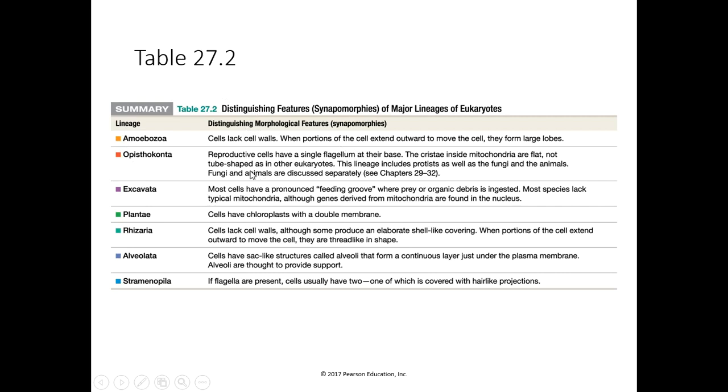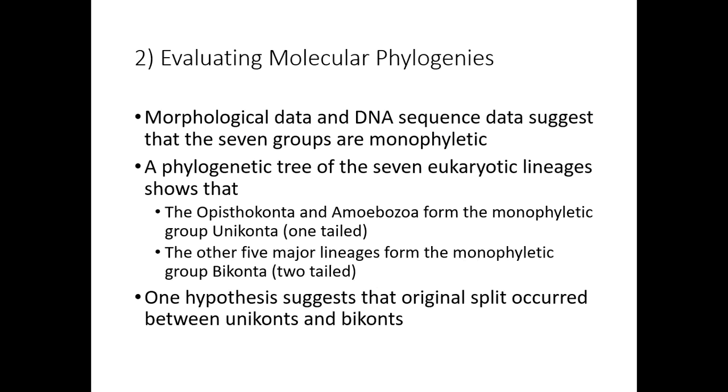Excavata, with a feeding groove where prey or organic debris is digested; most species lack typical mitochondria. Plantae, which we're pretty familiar with, cells have chloroplasts with a double membrane. Rhizaria, lacking a cell wall. Alveolata, cells have sac-like structures called alveoli; we'll see some of these later on. Stramenopila, if flagella are present, cells usually have two. These are just ways to distinguish the different types of eukaryotes.